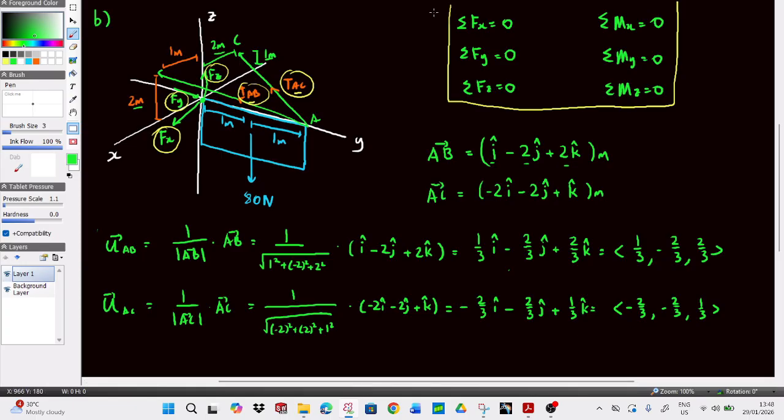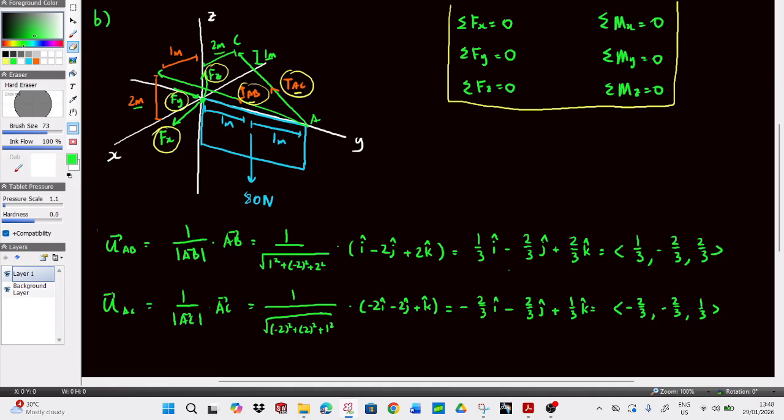And what's the purpose of getting your UAC and UAB? So let me just erase this. Why we took the trouble is because I wanted to find the tension vector with respect to AB, which is simply TAB times the unit vector of AB. Because the unit vector gives the direction, you understand, and the TAB is going to give the magnitude.